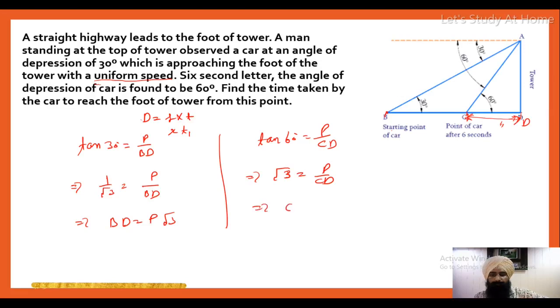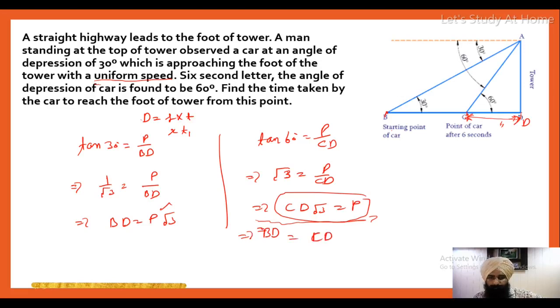So this implies CD under root 3 is equal to P. So now I am going to put the value of P here. Okay ji, put everything, you will have to write here. BD is equal to CD under root 3 into under root 3.